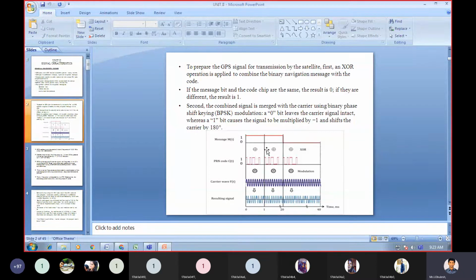First, an exclusive OR operation is applied.